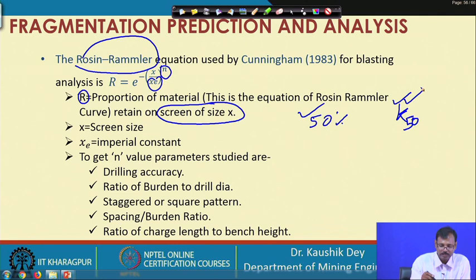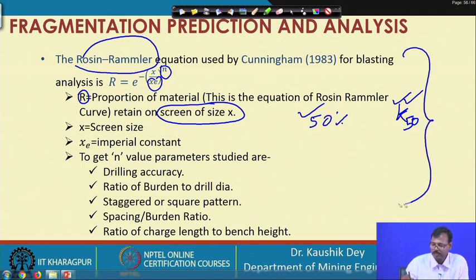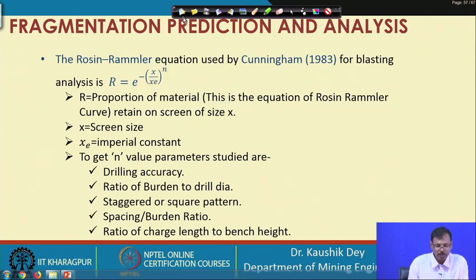This Rosin-Rammler equation is basically designed to get the fragment size distribution, which we have discussed in the last slide, and which is very important.